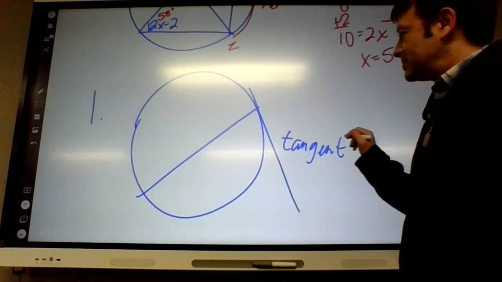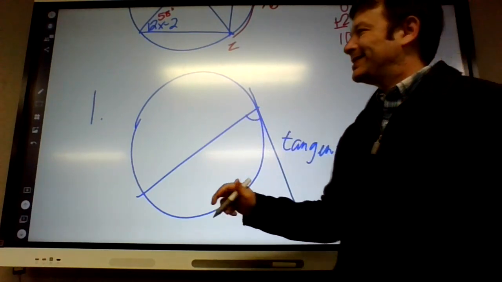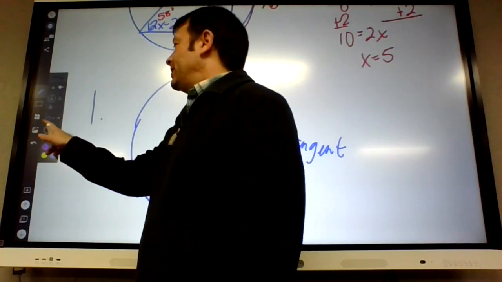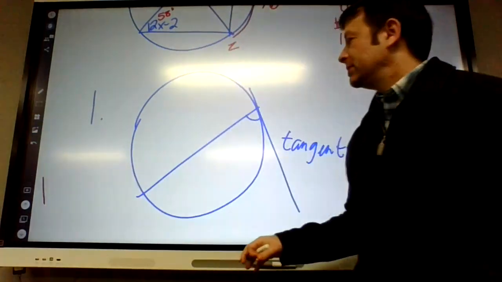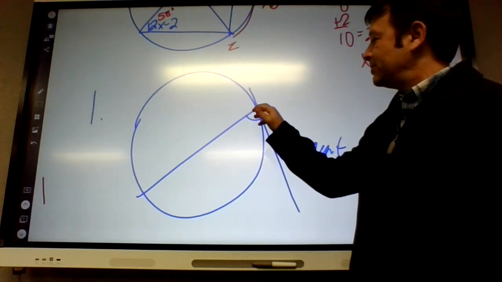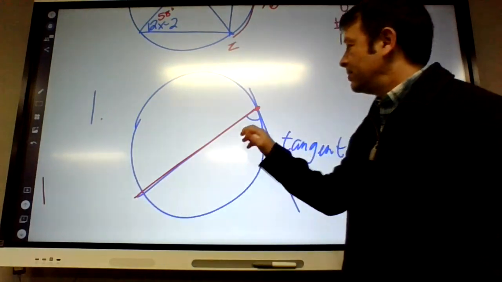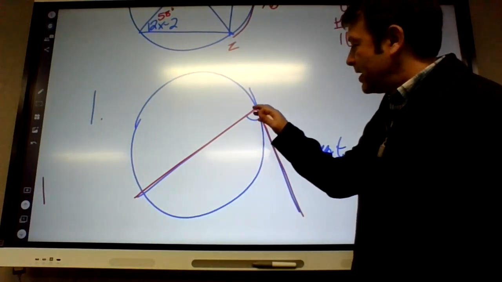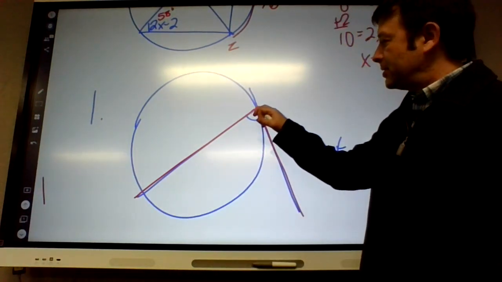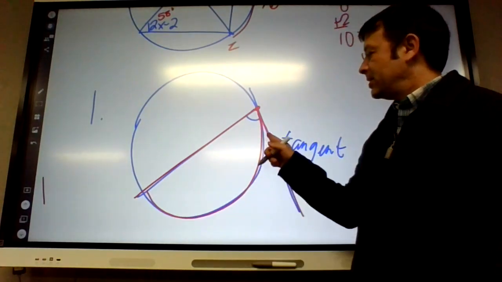Okay, that makes this angle look kind of weird, but basically it's still an inscribed angle. Technically maybe not, but it basically is, because it's still got its vertex on the circle, so it's still gonna equal half of its arc. Do you guys see its arc? All this stuff. So it's gonna be half of all that.